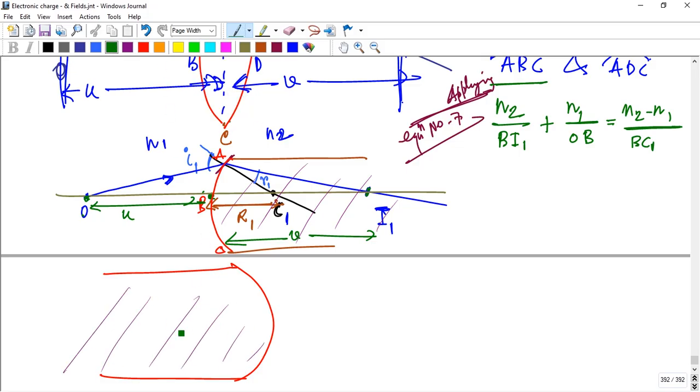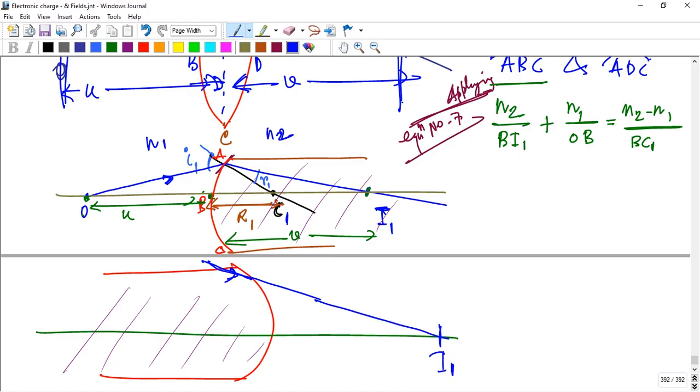That's the principal axis, and the incident ray actually falls here, coming from I1. So this ray goes from a denser to a rarer medium.